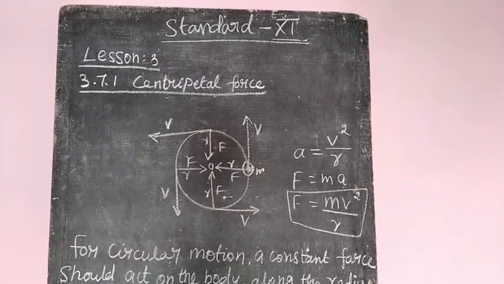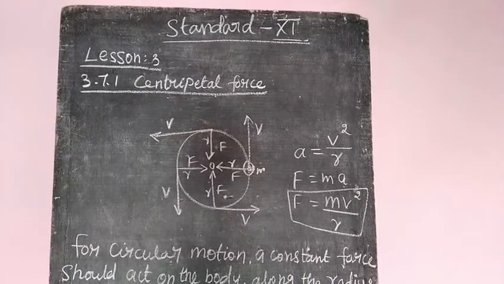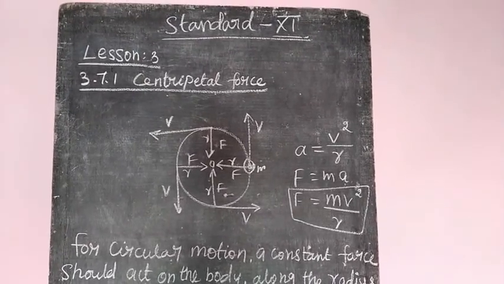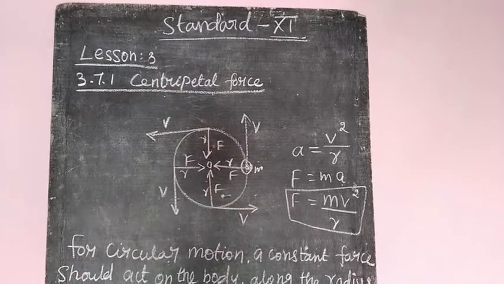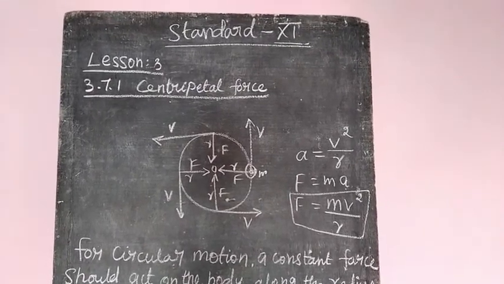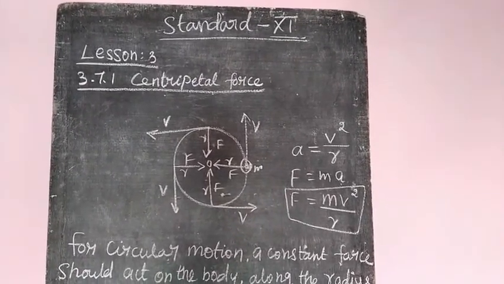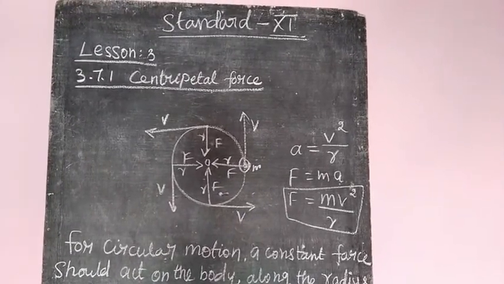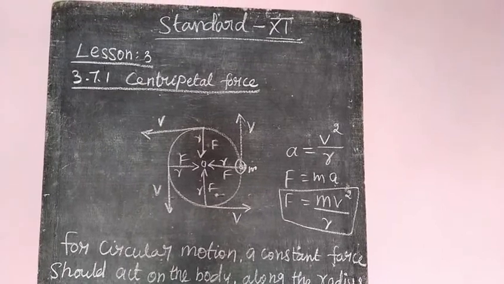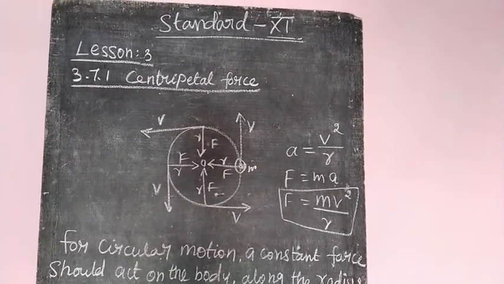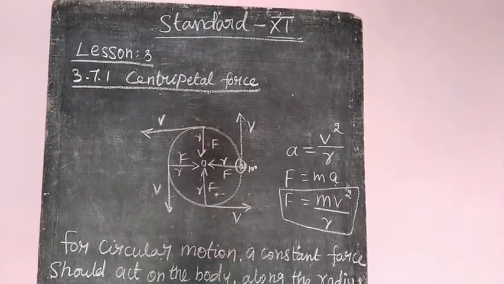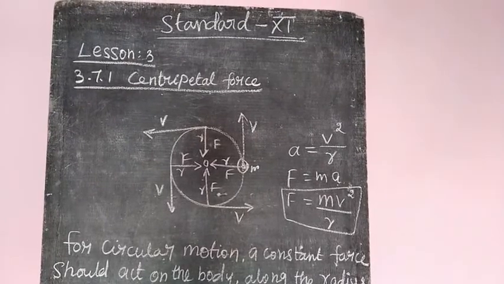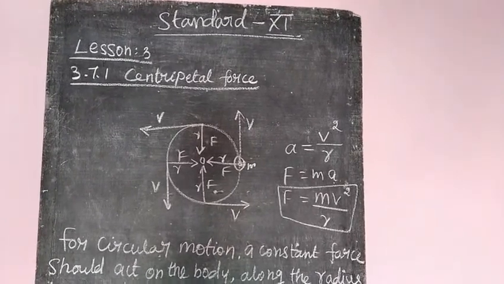The tensional force acts along the thread towards the center. So due to the tensional force, the stone moves in a circular path. An external force must act so that the stone, or any other body, moves in a circular path.